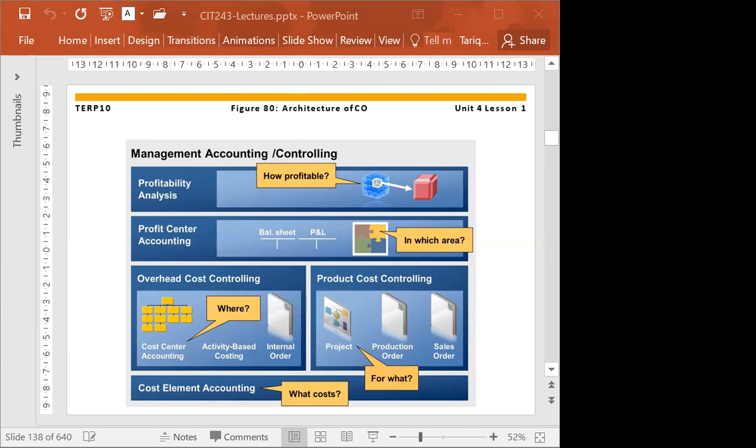Remember one thing, mostly data is coming from finance to this controlling area, and to this management accounting. We are getting the data from financial accounting. The major data is coming from finance.